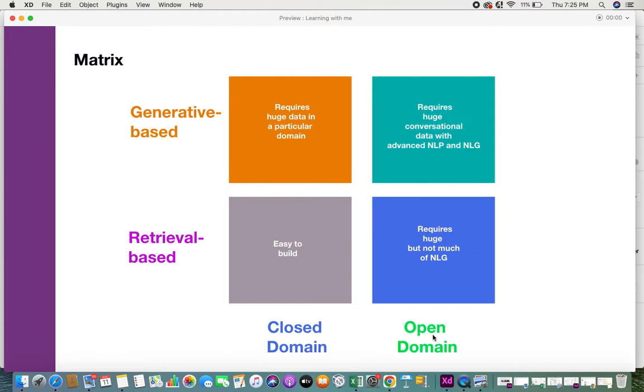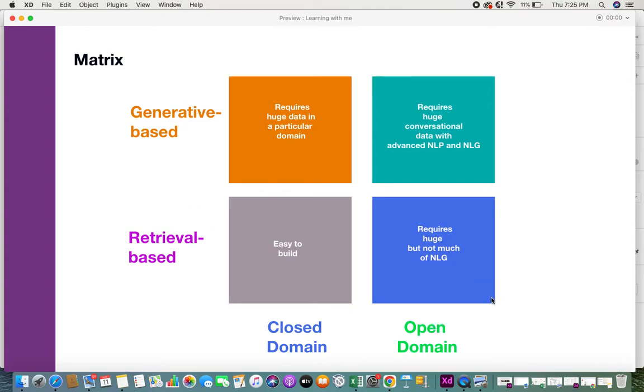With open domain and retrieval based, it again requires a lot of data, because open domain means you should have answers for any type of question. So that data set should be huge, but the bot needn't generate its own language. It's just going to retrieve the response that is already stored.